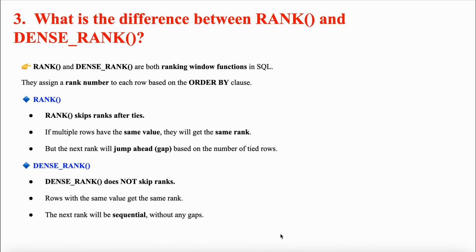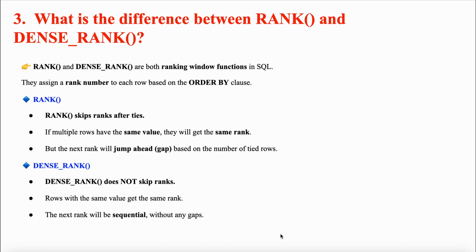Now, for dense rank, it also gives the same rank to tied rows, but here's the key: dense rank does not skip any ranks. And the next rank will be sequential, no gaps at all. For example, if two rows are tied at rank 1, the next row will get rank 2, no skipping. So, in short, rank skips ranks after ties, creating gaps.